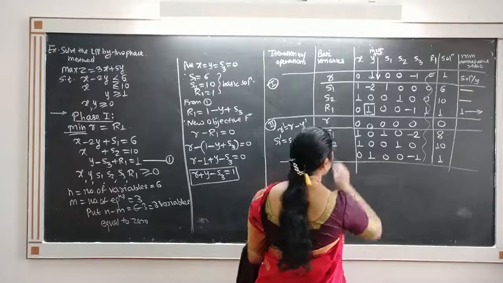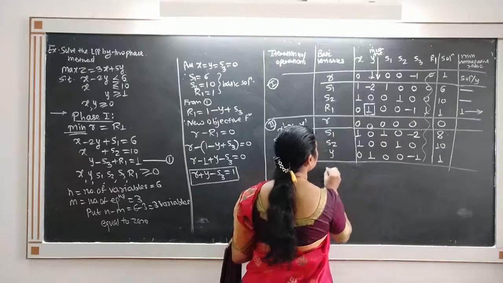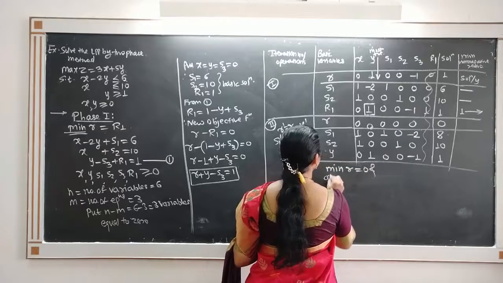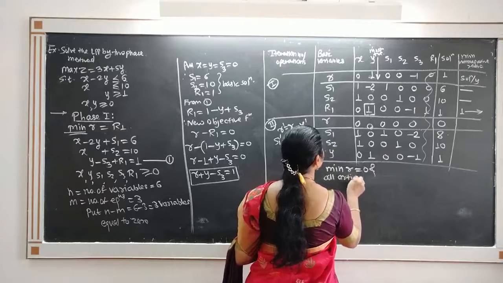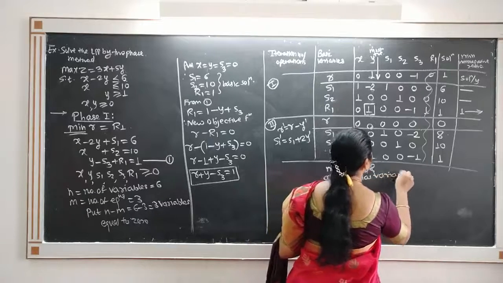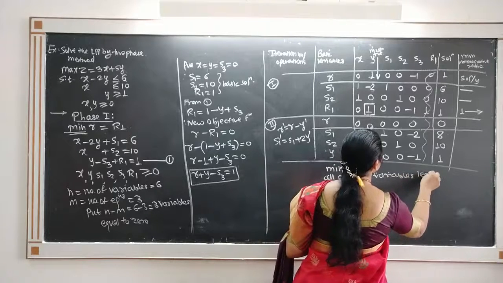Now observe that minimum R is 0 and all artificial variables leave the solution.